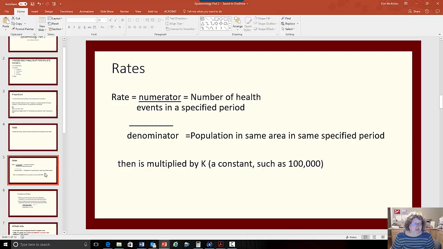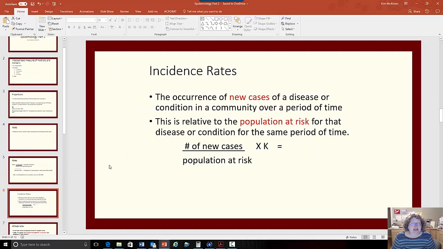An incidence rate is the occurrence of new cases of a disease or a condition in a community over a period of time. So these are looking at the new cases. And this is relative to the population at risk for that disease or condition for the same period of time.